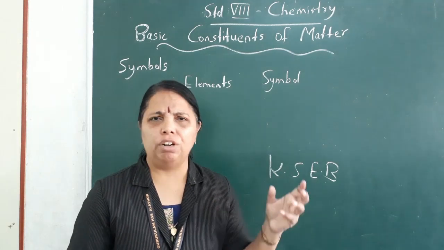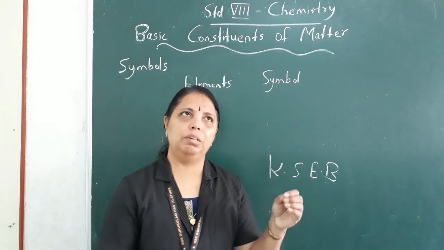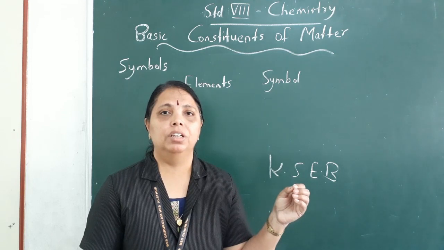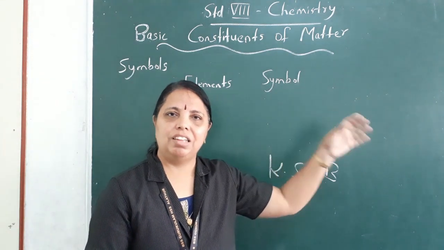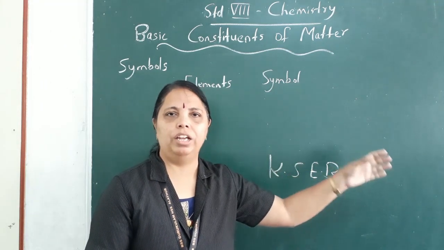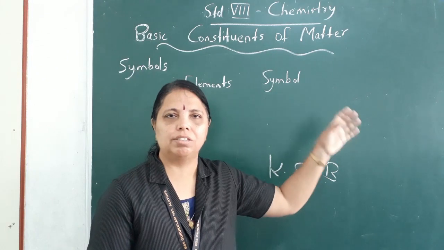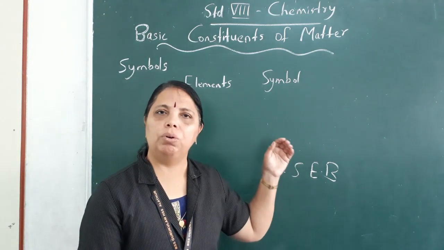Similarly, there are many short forms that we use. For example, if I talk about a boy called Arjun, this is just an example. If I just want to write about him: Arjun is in 7th standard. Arjun is a good boy. Arjun's mother's name is X. Arjun's father's name is Y, so and so. Is it easy for me to write Arjun on the board every time?